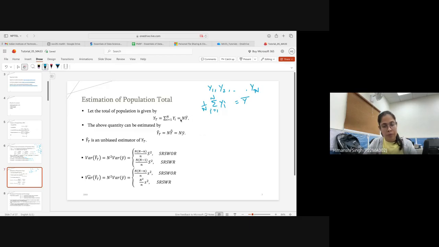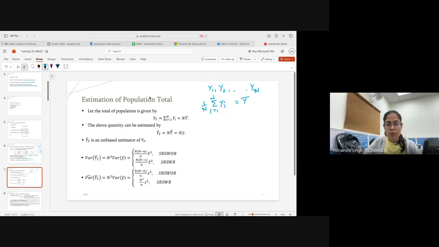But when we cannot have the whole population and we want to estimate the population total, we basically just replace the capital Y bar by its estimator, that is the small y bar, the sample mean. This is an unbiased estimator of capital Y bar.